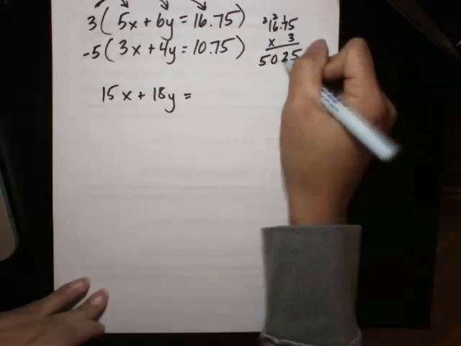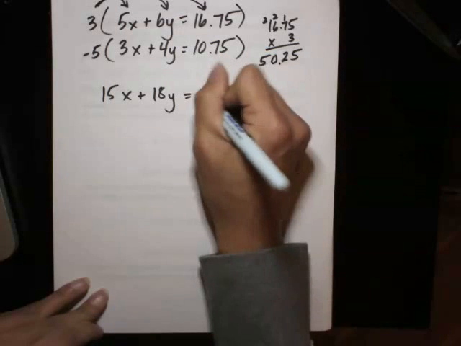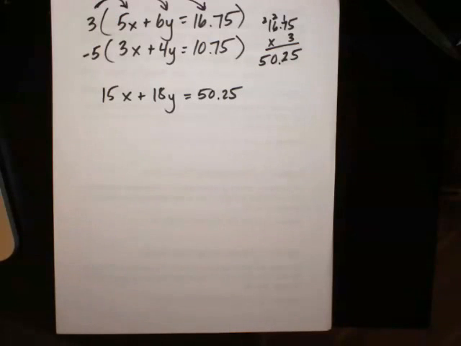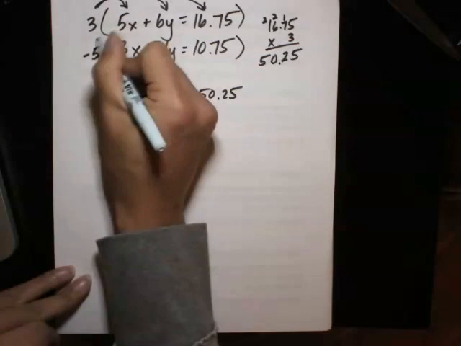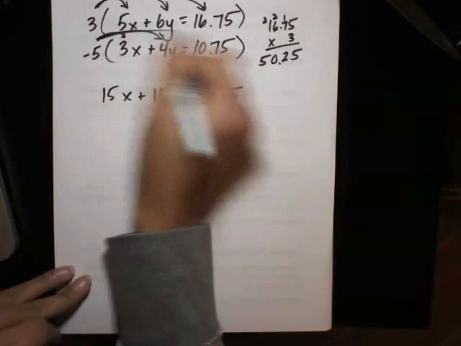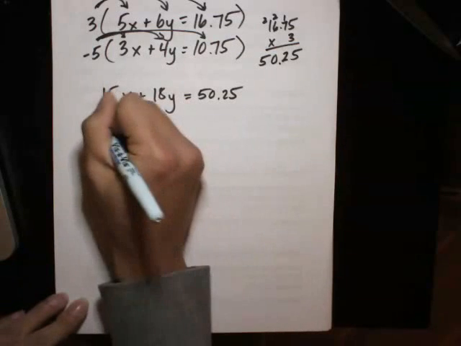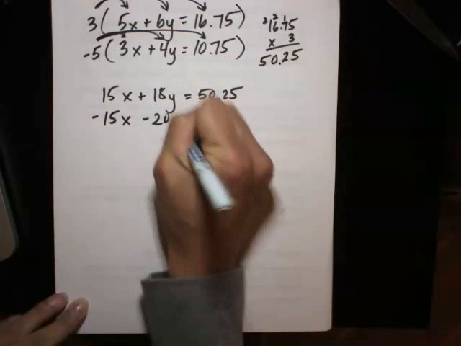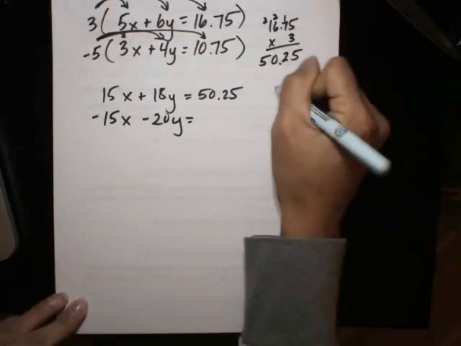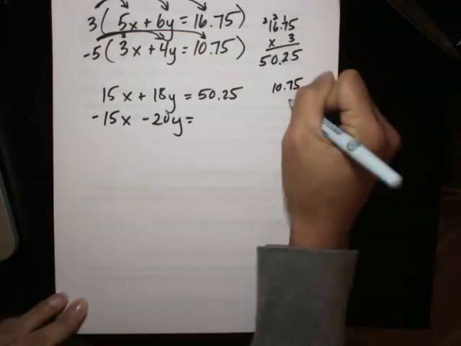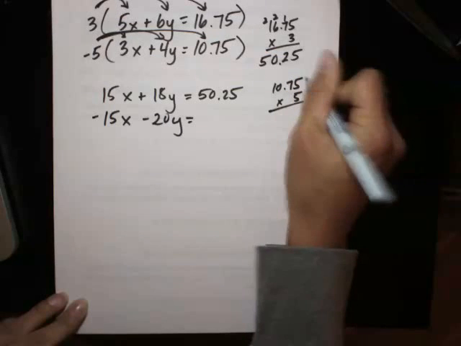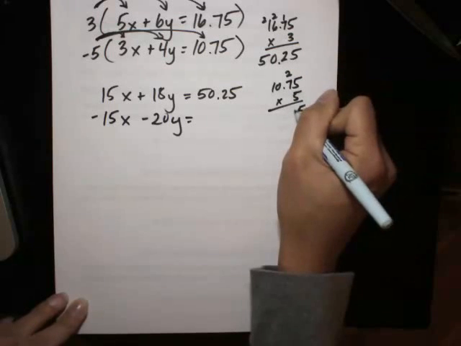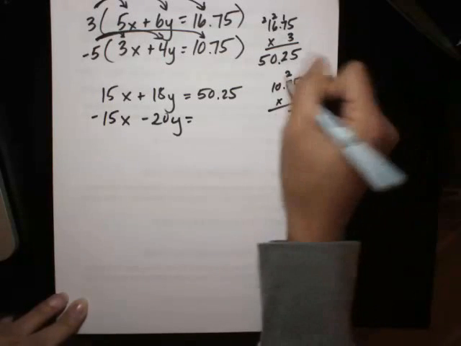There are 2 decimal places, so $50.25. Okay, the second equation, we're going to distribute the negative 5 across the entire equation, giving me a negative 15x minus 20y equal to, and again, I will do the math out on the side. 5 times 5 is 25. 5 times 7 is 35, plus 2 is 37.